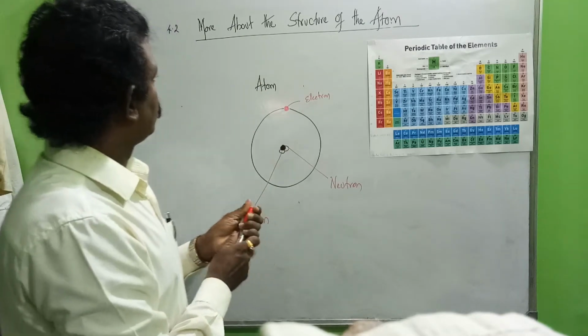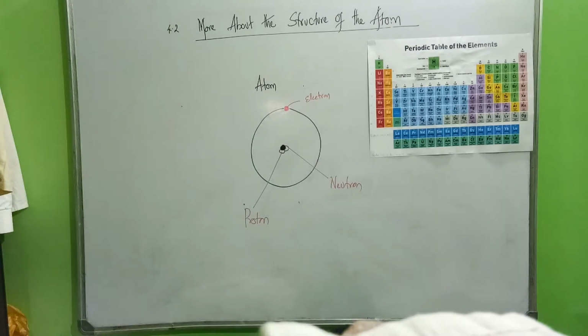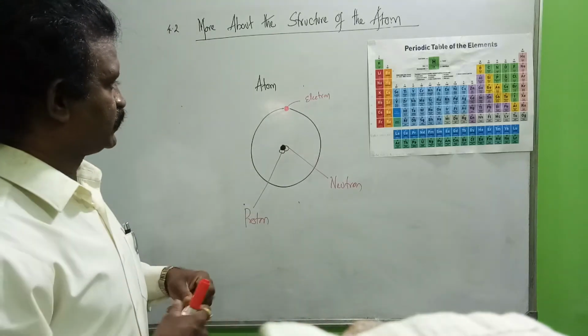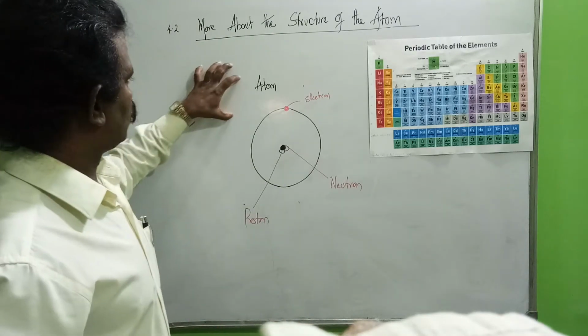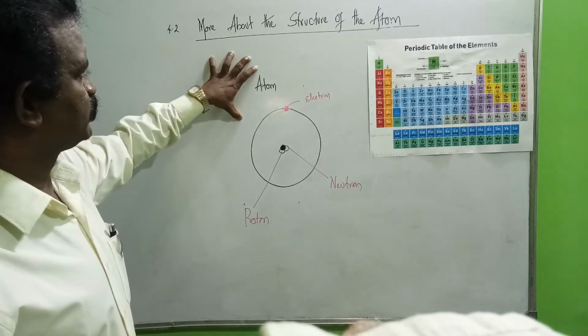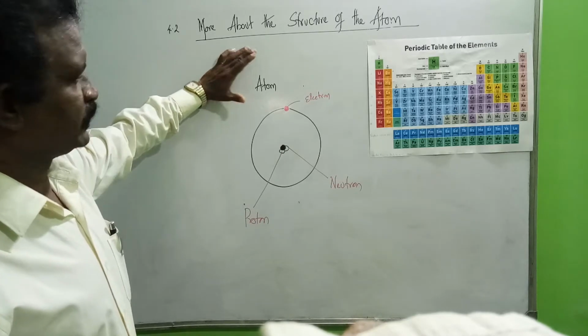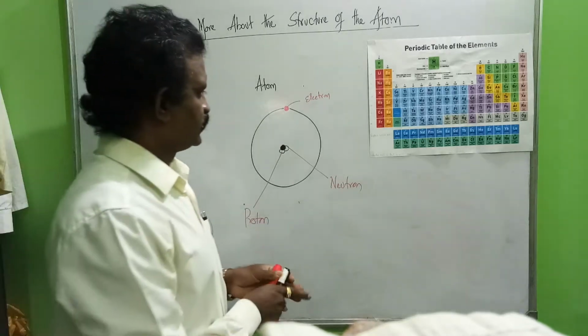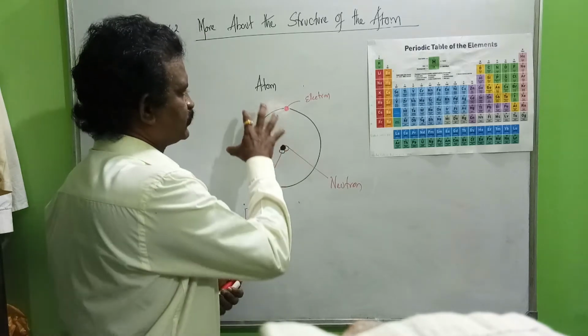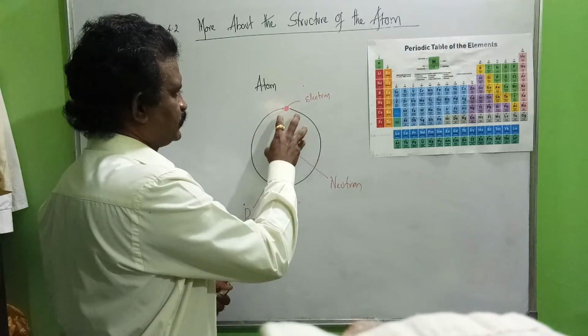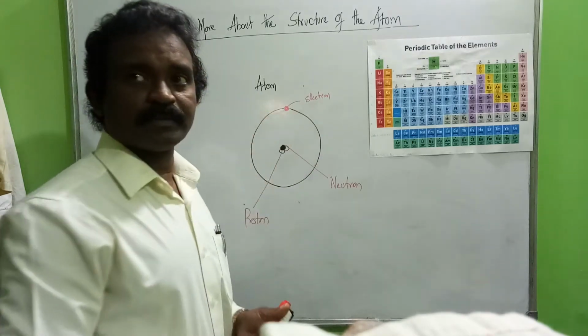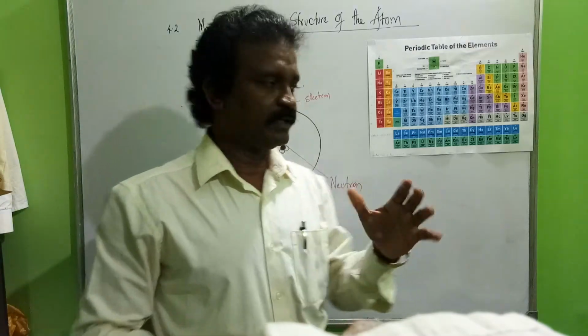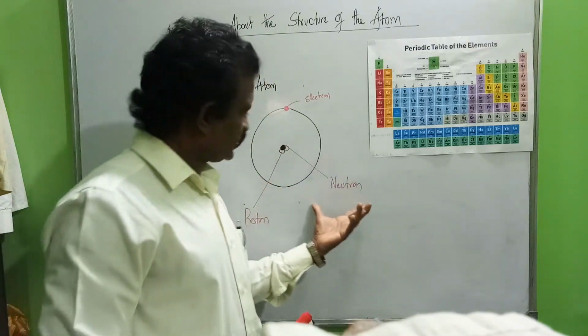Now, we should know more about the structure of atom. John Dalton was the first person to give the name as atom. Now, Rutherford came and he conducted an experiment called gold foil experiment.